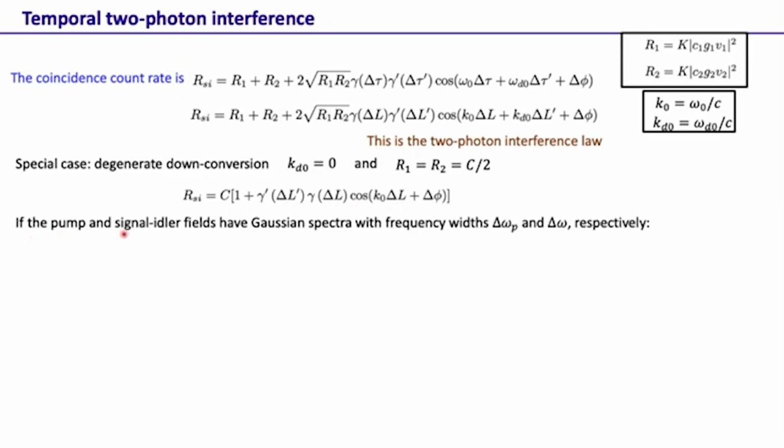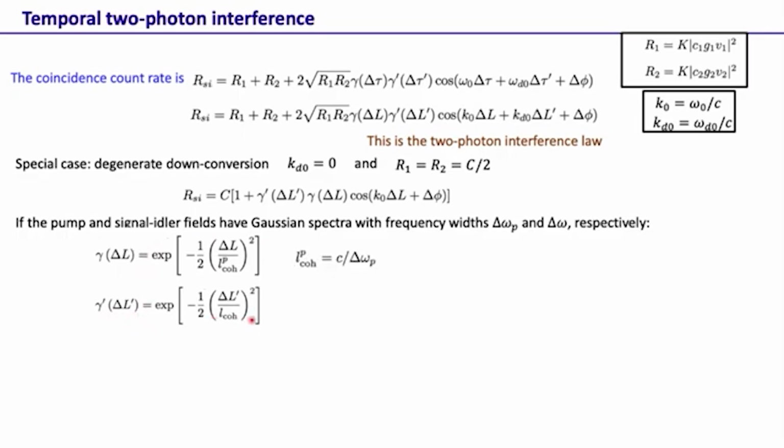In addition, if the pump and the signal idler field, they have the Gaussian spectra with frequency widths delta omega p, delta omega, then we can write this gamma delta L as this Gaussian function, gamma prime delta L prime as this again another Gaussian function, and their widths will then be given by c by delta omega p, and this we can call the signal pump coherence function and the signal idler coherence function. These are the two coherence functions that show up, and these are their widths.